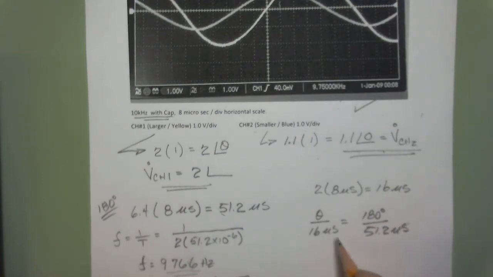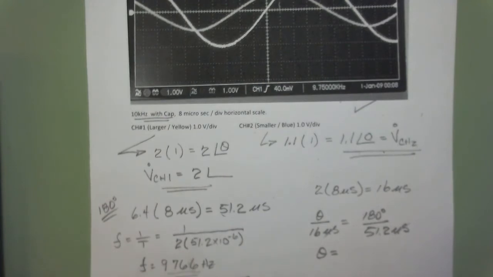And because these are both microseconds, I can get those to cancel. And theta turns out to be equal to, I think, 56.3 degrees. Let me double check that. .25, yeah, we'll call it 56.3. That's good. Okay, so that's theta.